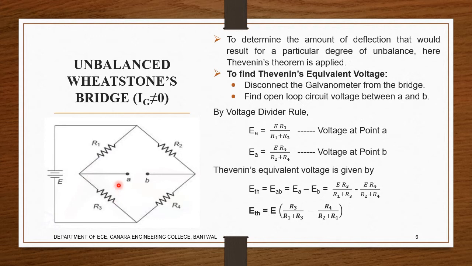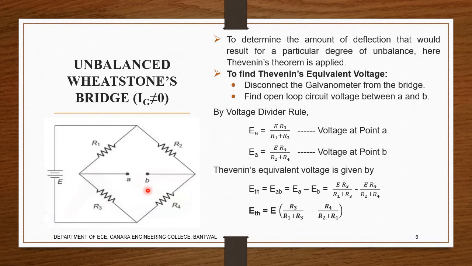This is the voltage at point A, because here we have a voltage and the ground is connected here. This is the logic: higher potential minus lower potential. For that purpose, EA is equal to E into R3 divided by R1 plus R3.